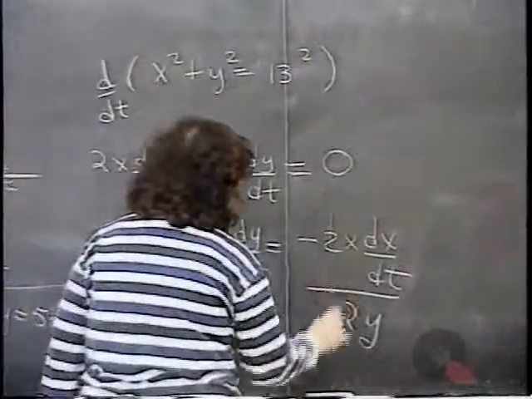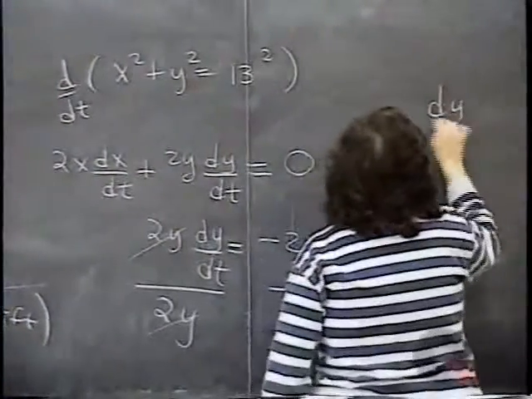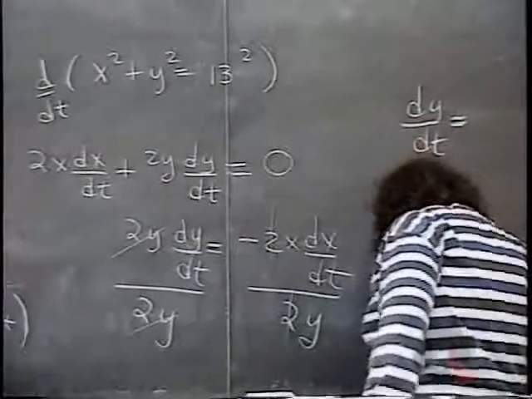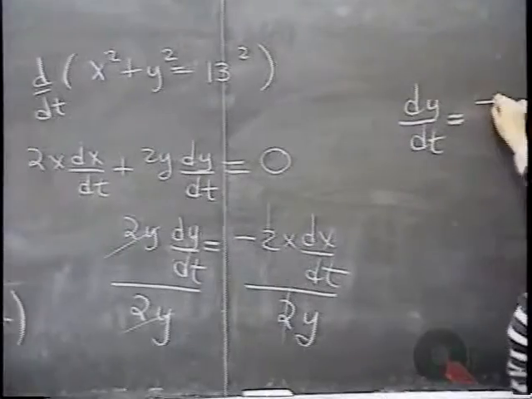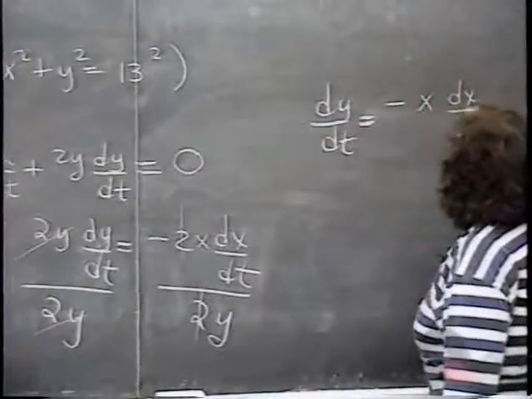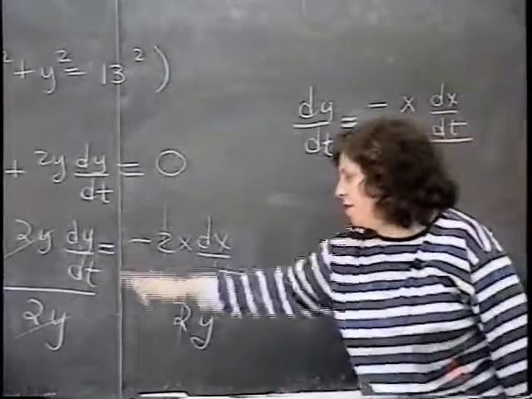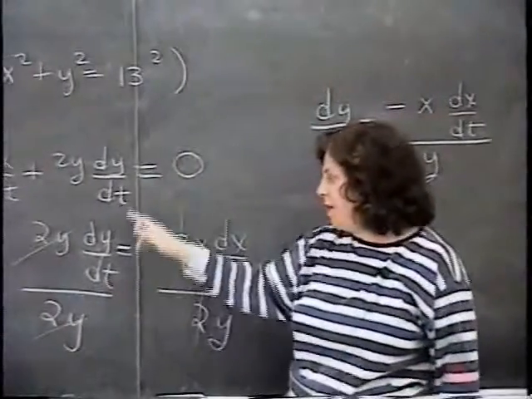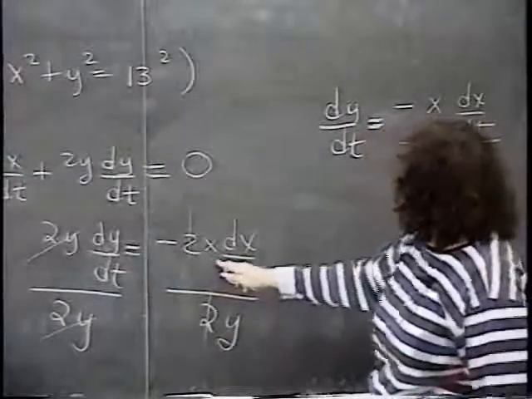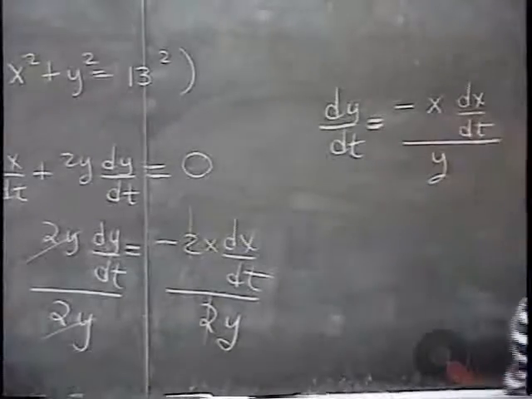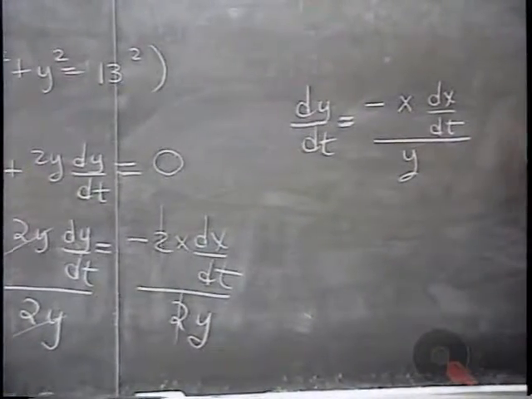The 2's cancel, and we have that dy/dt is minus x dx/dt over y. And now we're ready to substitute into this equation.